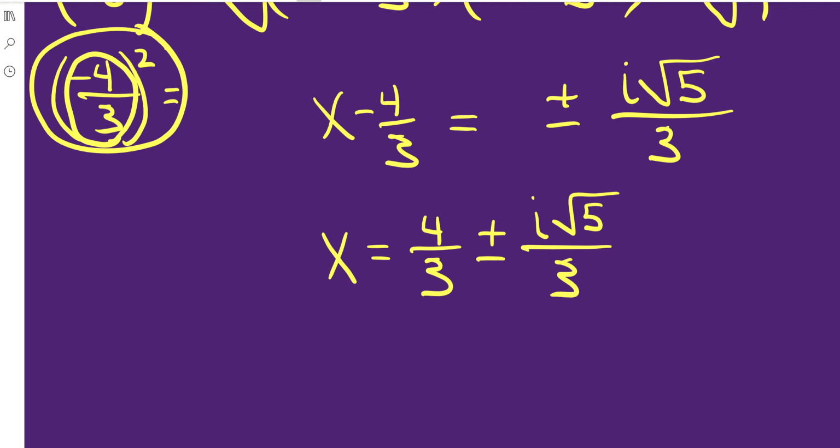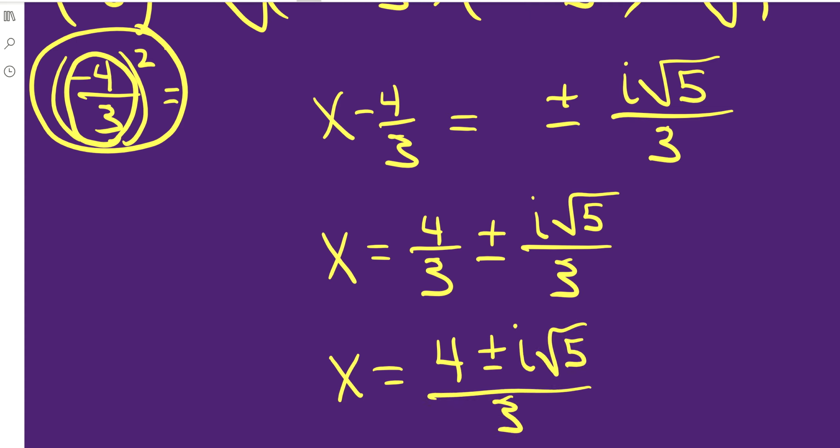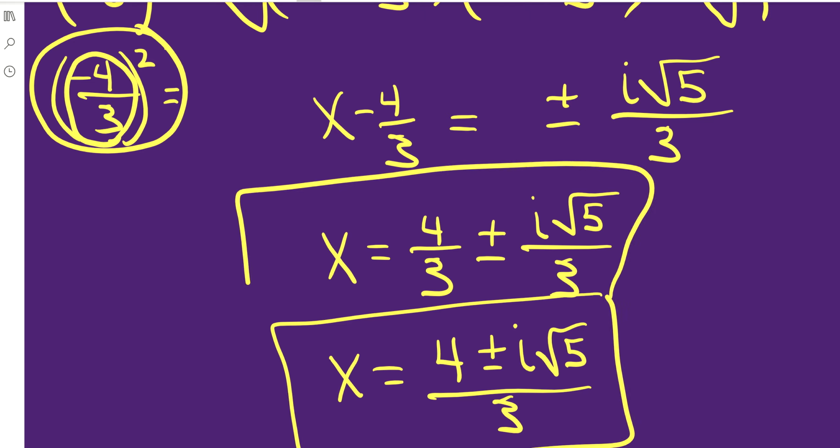Okay, and again, you could write this up as x equals 4 plus or minus i root 5 all over 3. You could write it up this way or this way. I think the book wants you to separate them though.